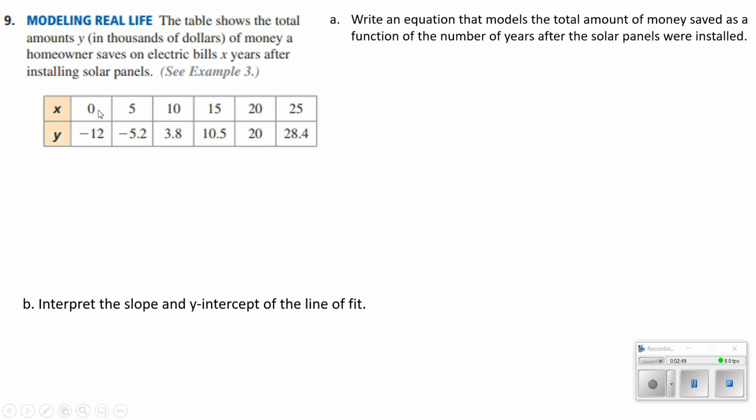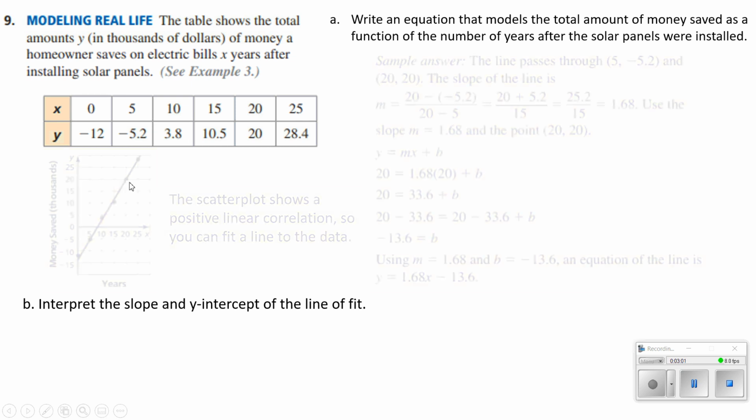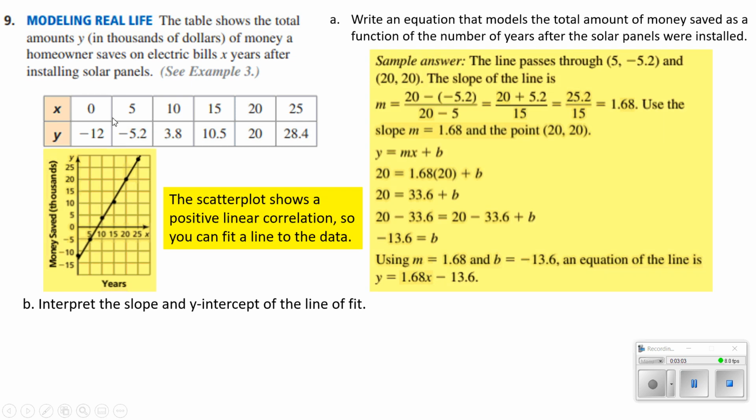So we can assume then the top numbers are years, right, because time is going to go by independently. And the money here is going to depend on the amount of time that went by. So our scatter plot here is going to show our x, which is time in years, and then our y, which is in money saved.